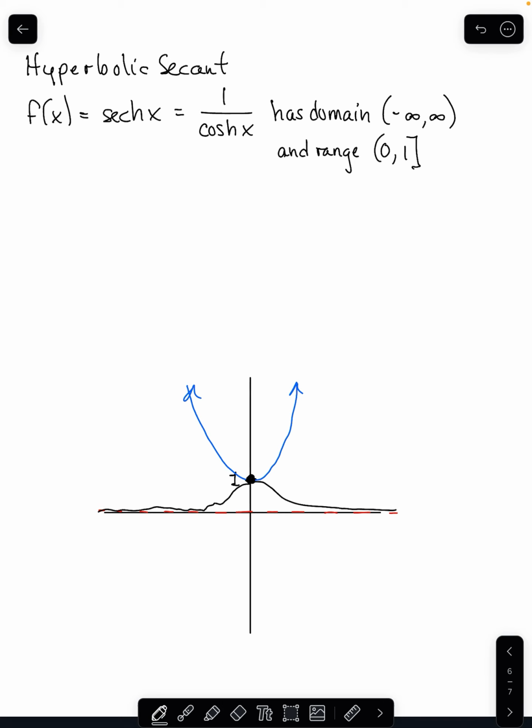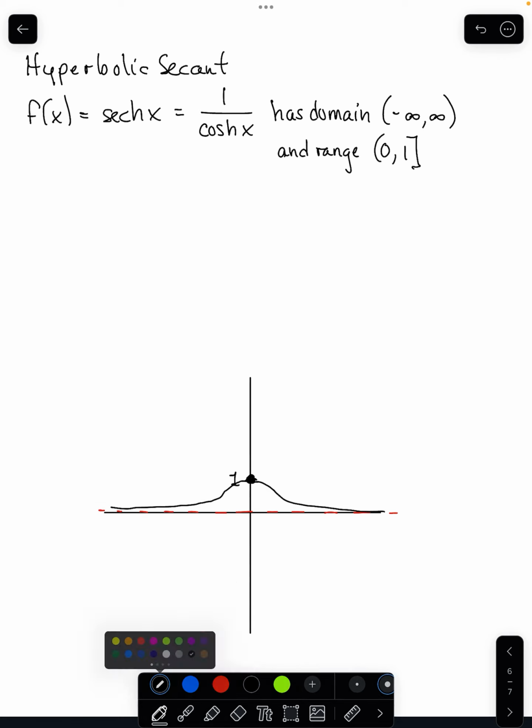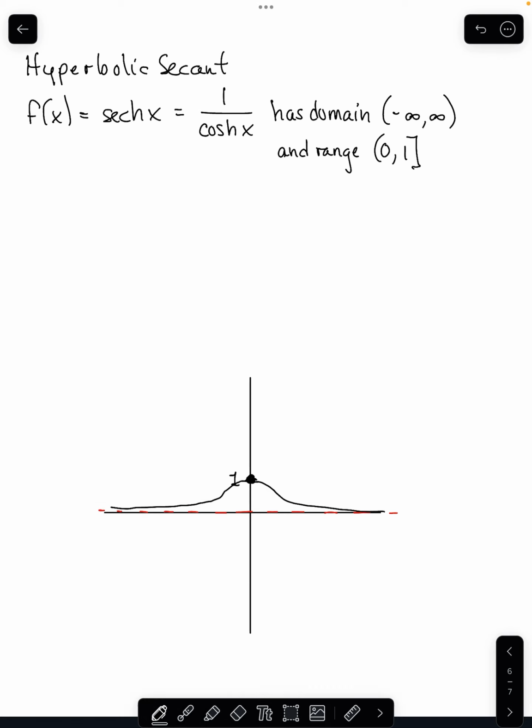So that it actually ends up with a bell-shaped kind of curve. If any of you have done statistics, you would recognize a bell-shaped curve, and it has, again, a similar shape to that. The algebraic form of this is simply the reciprocal of the algebraic form of hyperbolic cosine. So it is 2 over e to the x plus e to the negative x.